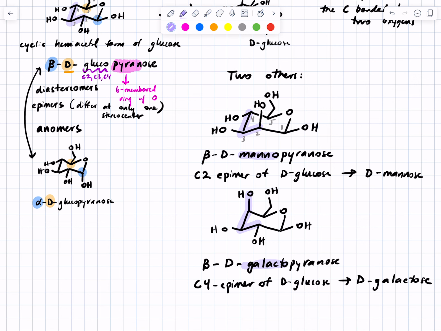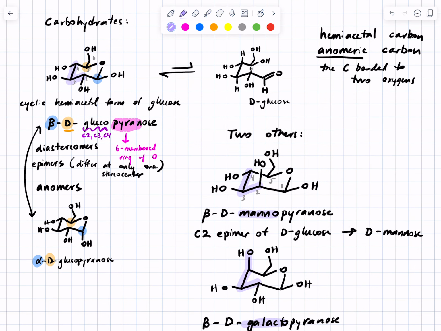Yeah? So at the beginning of the study guide for chapter 24, there was a very brief mention of 5-membered rings. Is there anything in particular that we should know about 5-membered ring carbohydrates? There are some sugars for which that is the predominant form. Fructose is one of them.